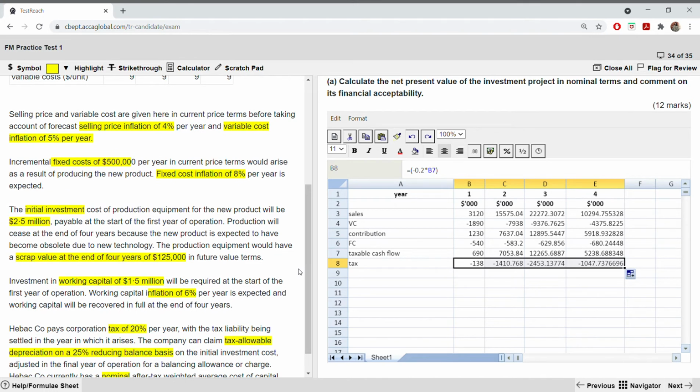You are going to add it. Tax allowable depreciation, or you can simply write TAD. It is a tax benefit: tax allowable depreciation, tax benefits.